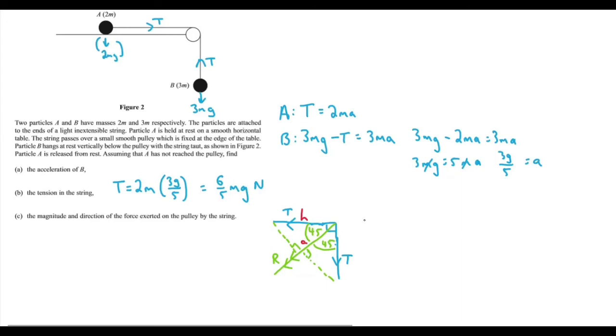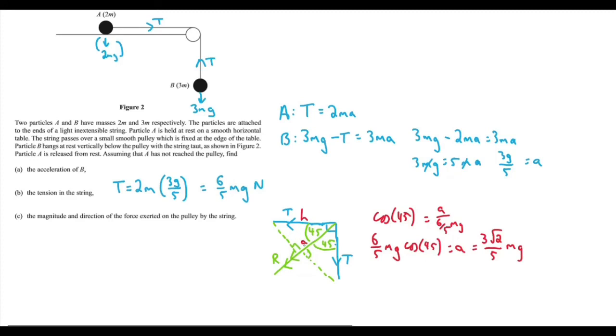So adjacent and hypotenuse will be cos 45 equals the adjacent we're trying to find over our hypotenuse of the tension, and we know that the tension actually is the 6 over 5 mg. So 6 over 5 mg cos 45 equals A, which we can simplify slightly because cos 45 is root 2 over 2. So we end up with 3 root 2 over 5 mg.